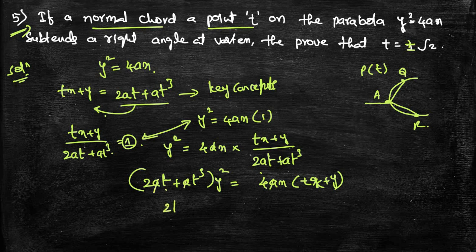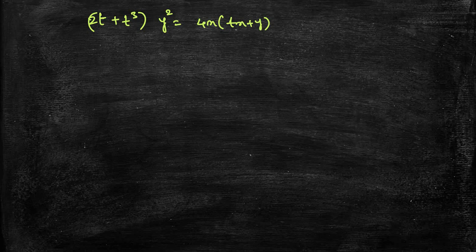So 2t plus t cube into y square is equal to 4x into tx plus y. Now multiplying out, we get 4x square t and 4xy.